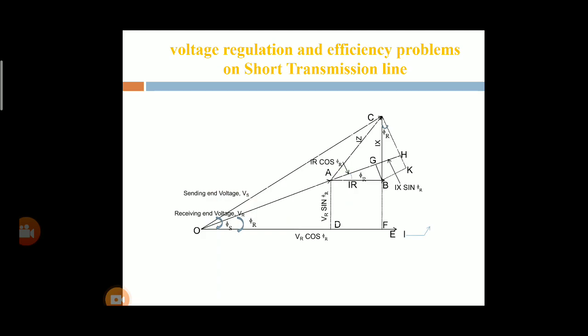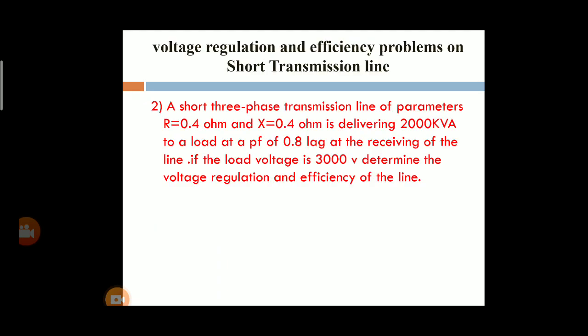Next, coming to the second problem. A short three-phase transmission line of parameters r equal to 0.4 ohm and x equal to 0.4 ohm is delivering 2000 kilovolt ampere to a load at a power factor of 0.8 lag at the receiving end of the line.